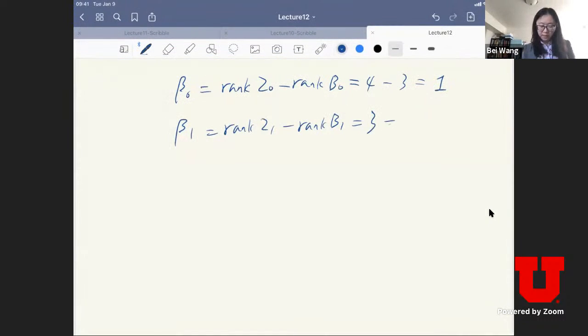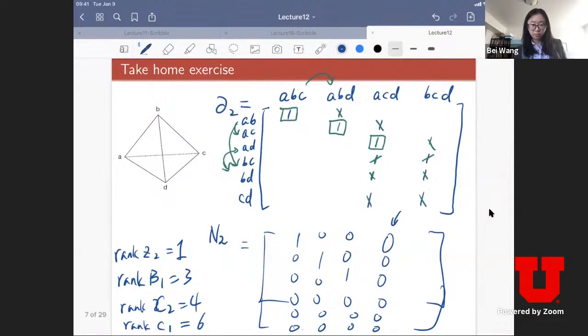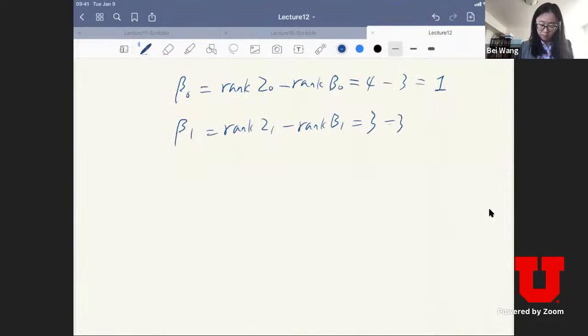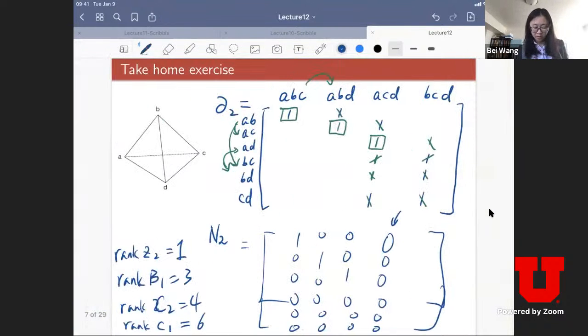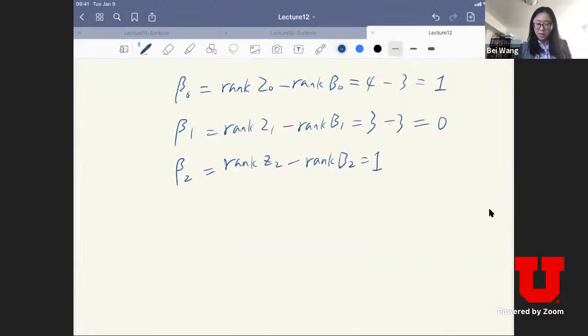And from the last matrix, I just do the reduction, the rank of B1 is equal to 3. So that's 0. That means there's no tunnel, no loops, right? And the last one, beta 2, is the rank of Z2 minus the rank of B2. The rank of Z2, I know from here, is equal to 1. And the rank of B2 is equal to 0. And I'll tell you why.